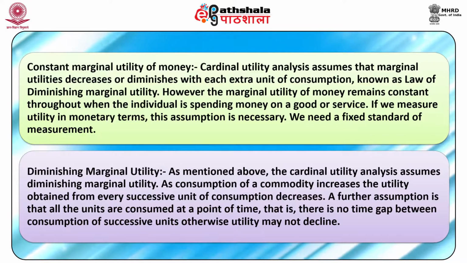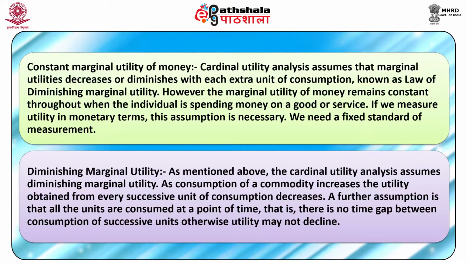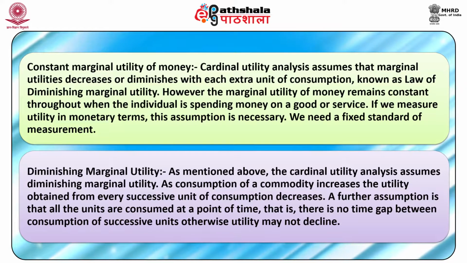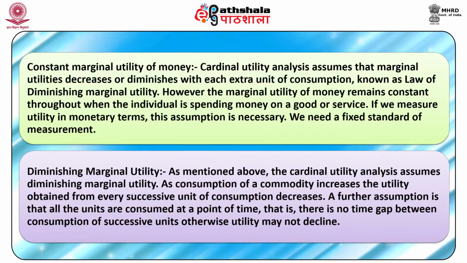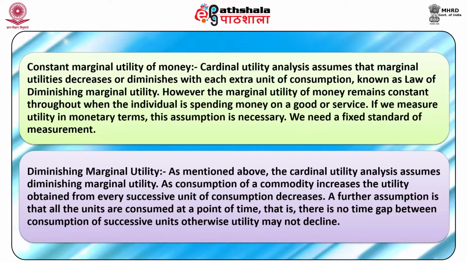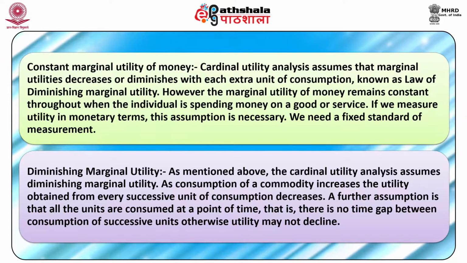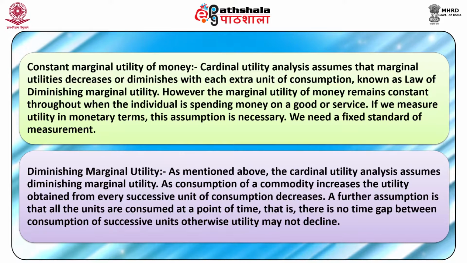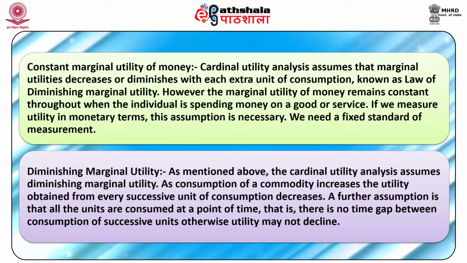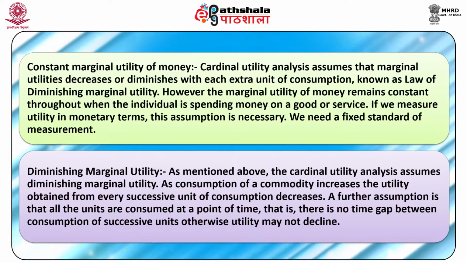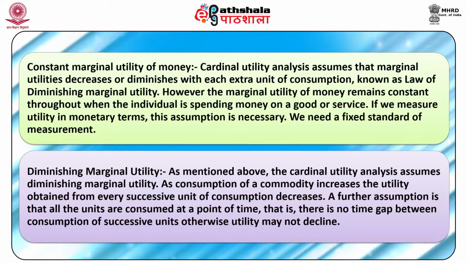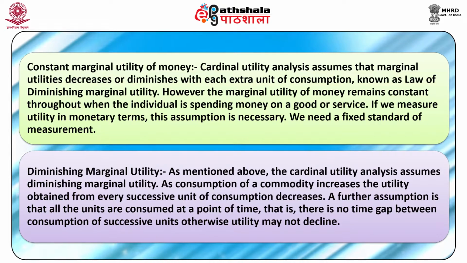This assumption is very often ignored: the constant marginal utility of money. In cardinal utility analysis, it is assumed not only that utility can be measured, but that the marginal utilities decrease or diminish with an extra unit of consumption, and this is known as the law of diminishing marginal utility.